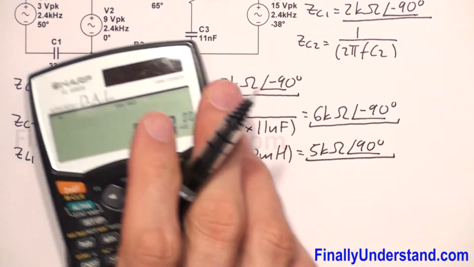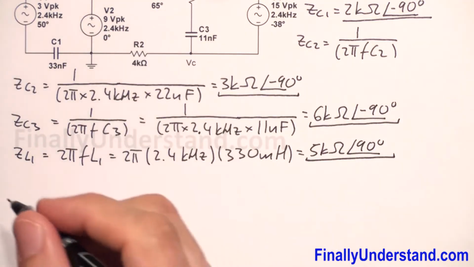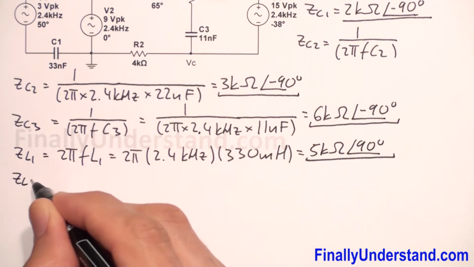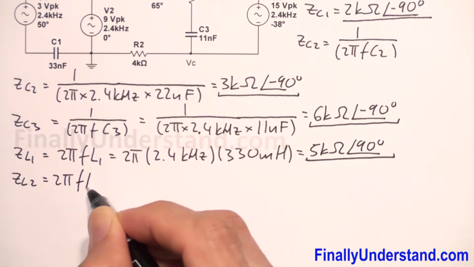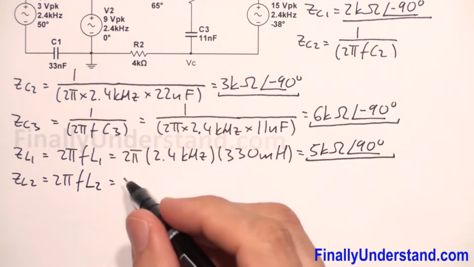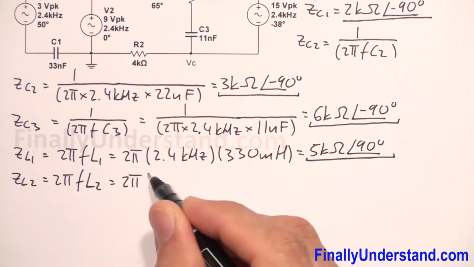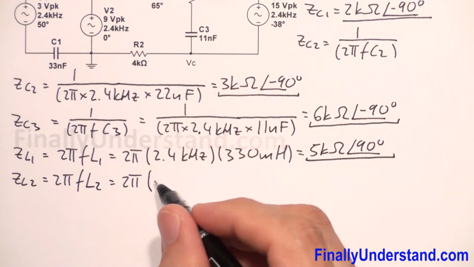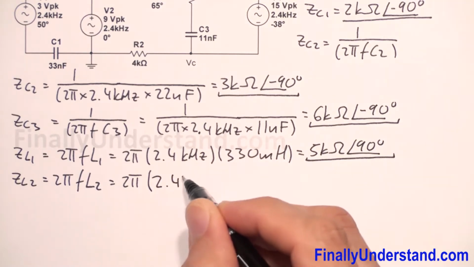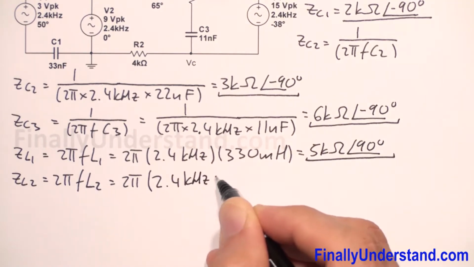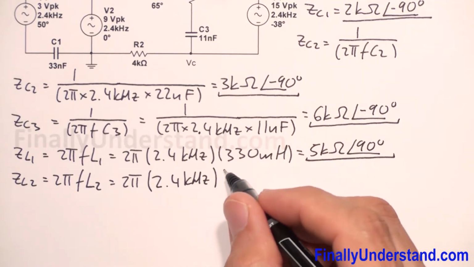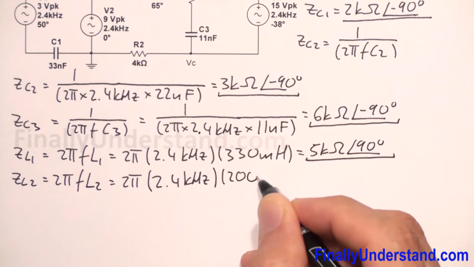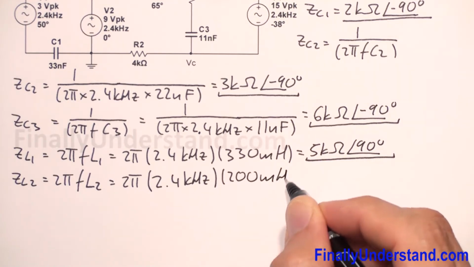Next, we're supposed to find the impedance of the inductor L2. ZL2 is equal 2 pi f L2. This is equal 2 pi times the frequency 2.4 kilohertz times L2, which is equal 200 millihenries.